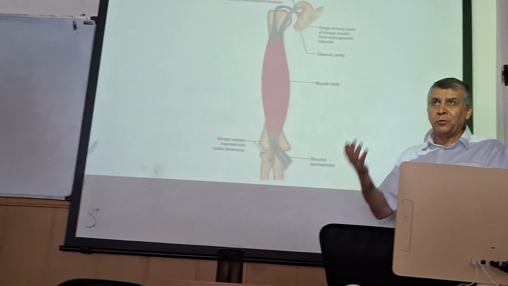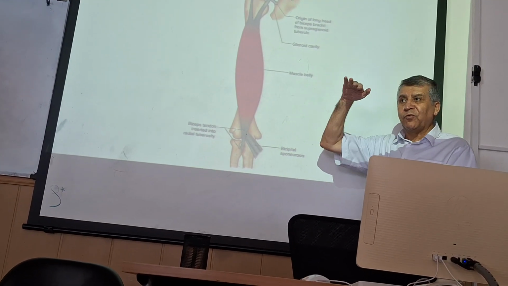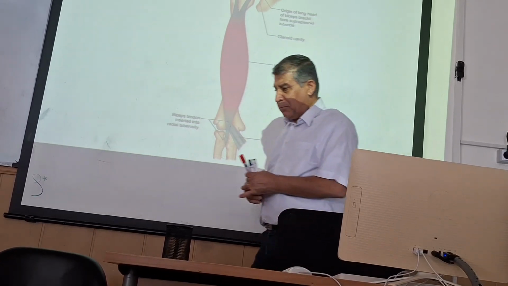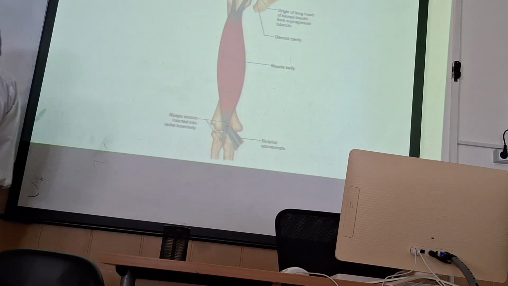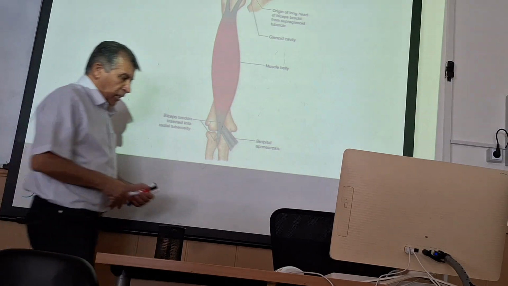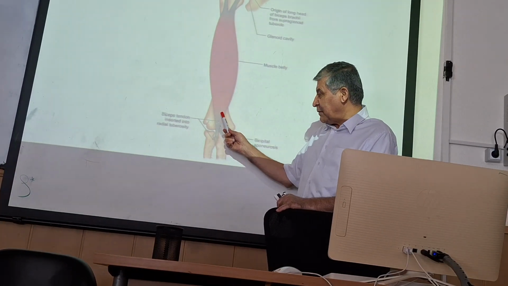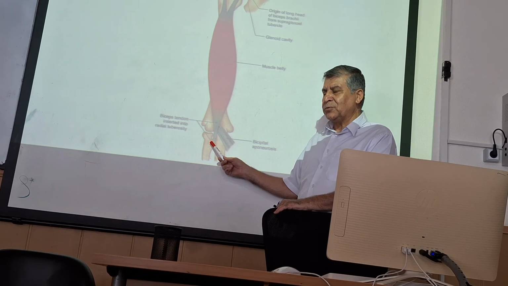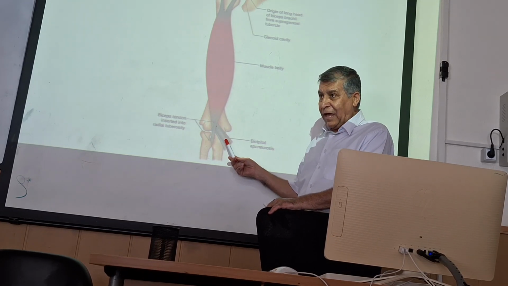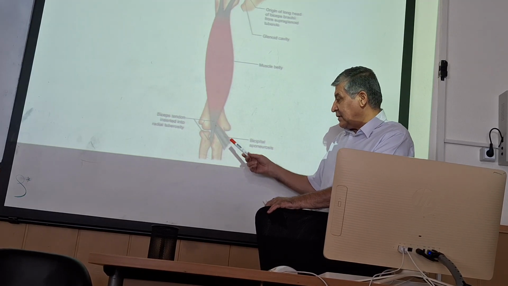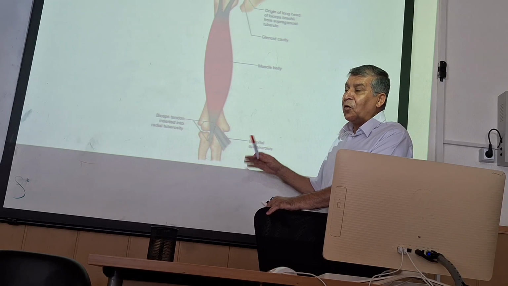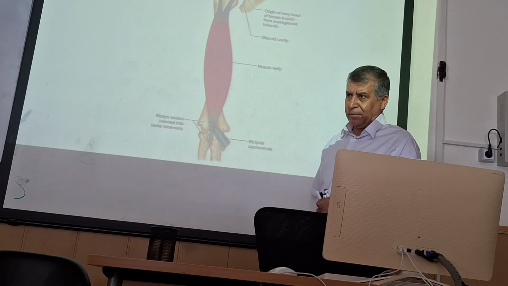The bicipital aponeurosis is important because it forms the roof of the cubital fossa.